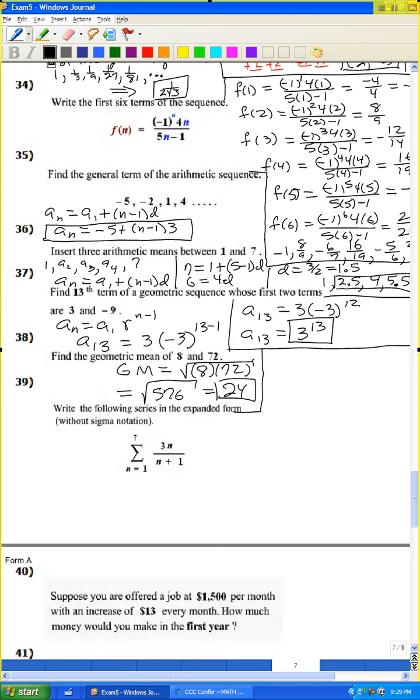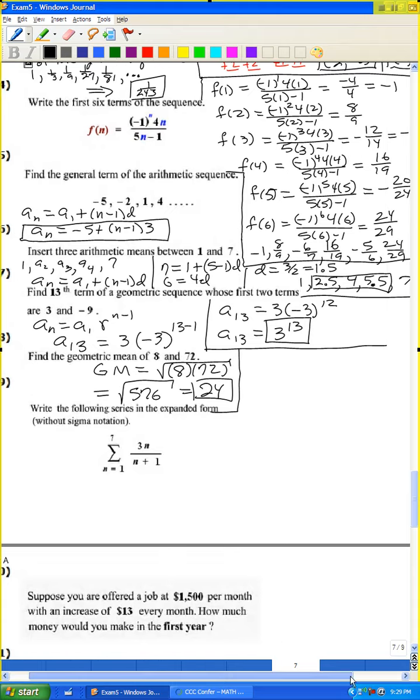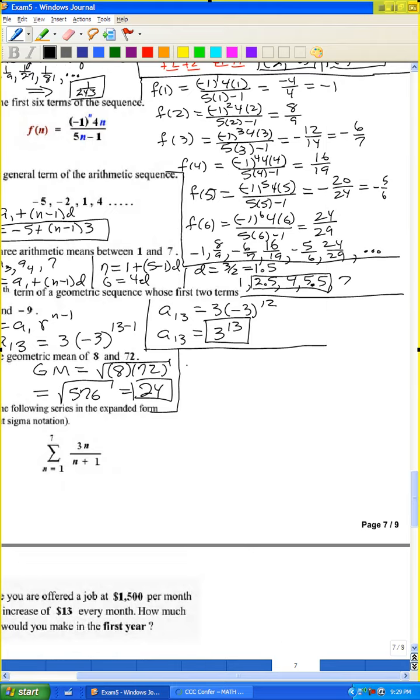Okay. Write this in expanded form. I just want to add. So this is equal to 3 times 1 over 1 plus 1, plus 3 times 2 over 2 plus 1. You first replace n by 1, then n by 2, and keep going until n is equal to 7.